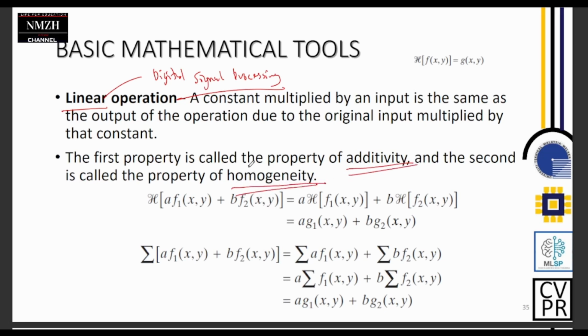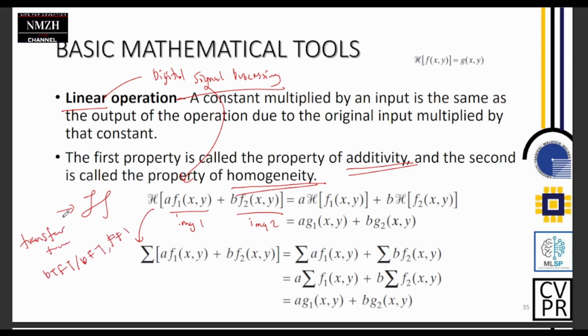So if the function f1, in that particular topic we call it a function. In this image processing context, we call it image 1 and image 2. Here H stands for, in signal processing, the transfer function, which could be DTFT, DFT, FFT, and so on.